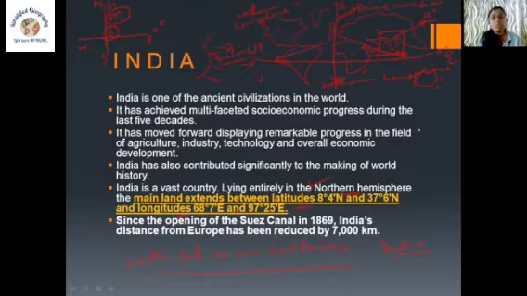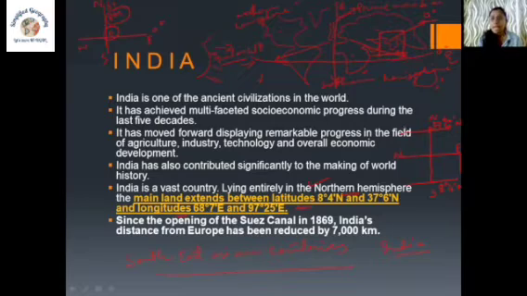Now when it comes to latitudes and longitudes, the standing line is longitude, the north-south line, and the lying-down line is latitude, which is west to east. So the location of India starts from 8 degree 4 minute north to 37 degree 6 minute north.